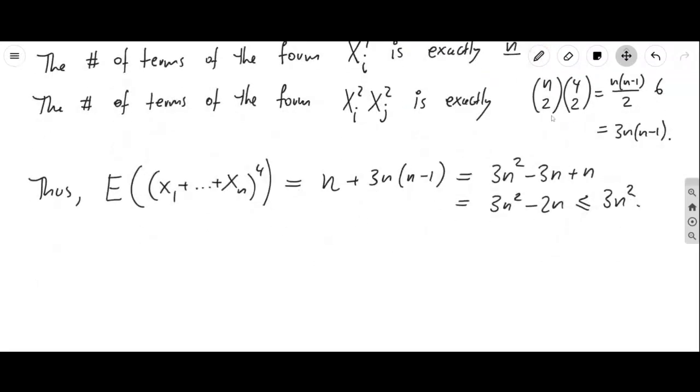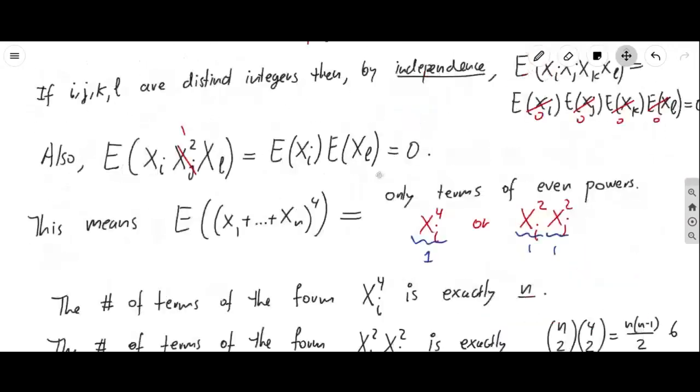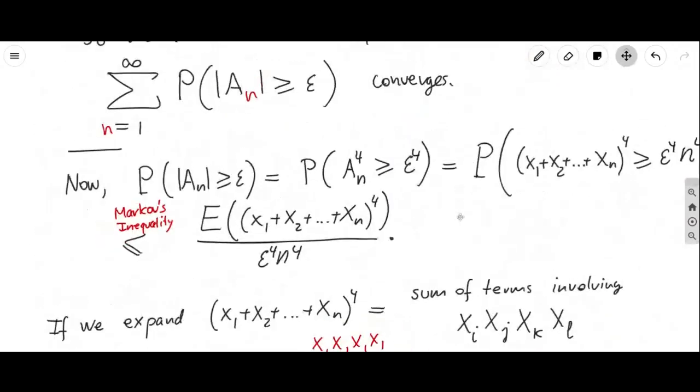So let's take advantage of this and scroll all the way back up again. So this is how it came up. We have to find the expectation of this. And what we see is that this is bounded by 3n squared. So this entire expectation is bounded by 3n squared. And then it gets divided by epsilon to the 4 times n to the 4.